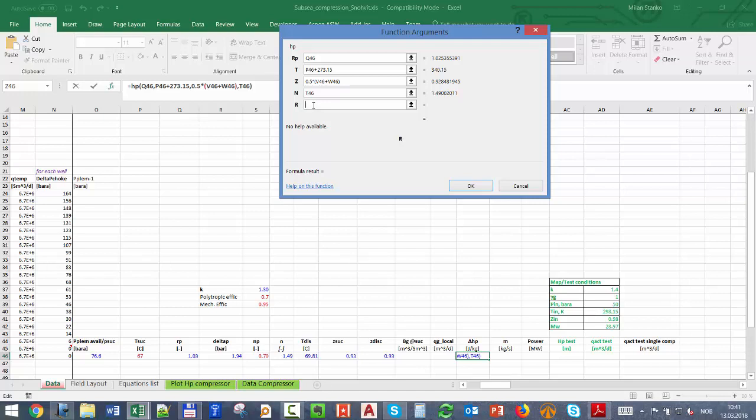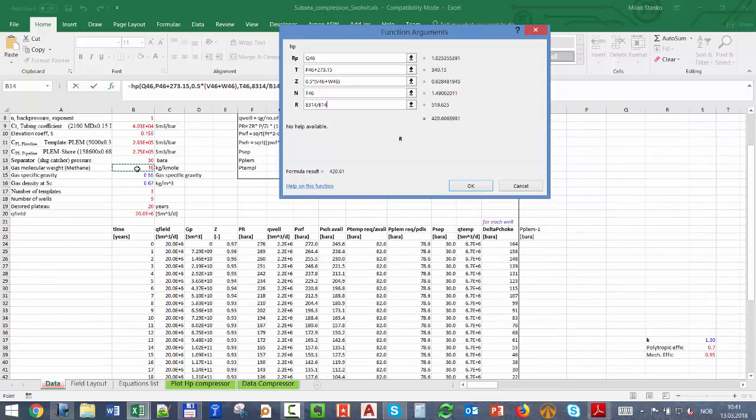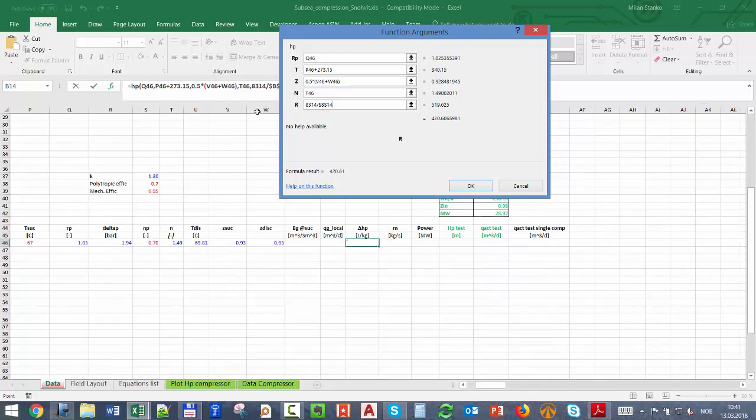We have to use 8314, I think that will be in joule per kilomole Kelvin. And for this one we have to use 16 kilogram per kilomole. So let's put it here, 8314. You can make the exercise to check if the units match. Divided by the molecular weight, and I have to lock the molecular weight to avoid issues later.